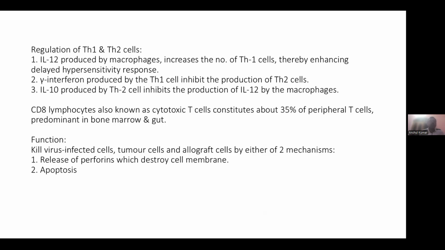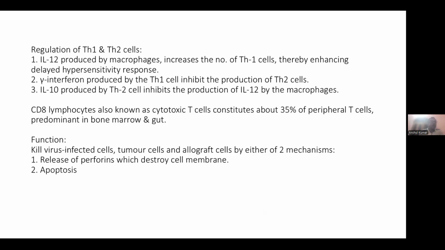Interleukin 10 produced by T helper 2 cells inhibits the production of interleukin 12 by the macrophages. So one cytokine secreted from one T cell will inhibit the production or activation of other T cells, so that their functions remain specific.